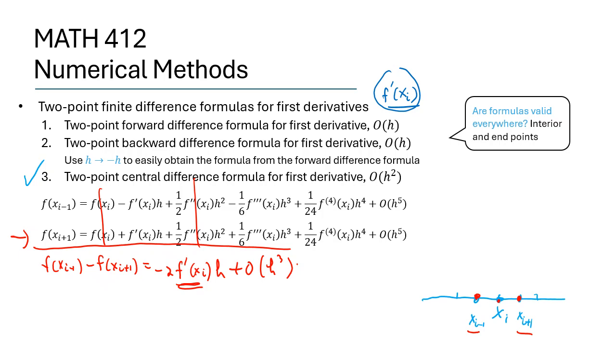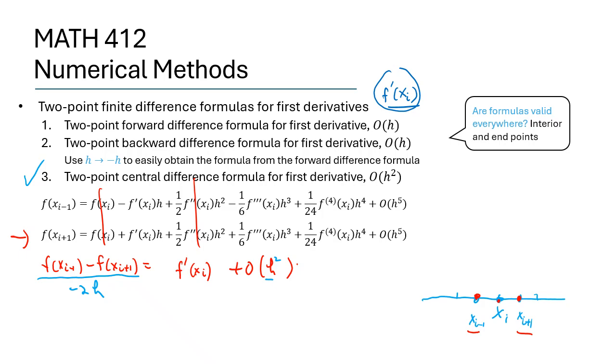Now you can get the formula. We need to divide by negative 2h. Dividing this term by h, you have h squared there. We don't care about the constant multiplier, whether it's greater than 1 or less than 1, it doesn't matter.